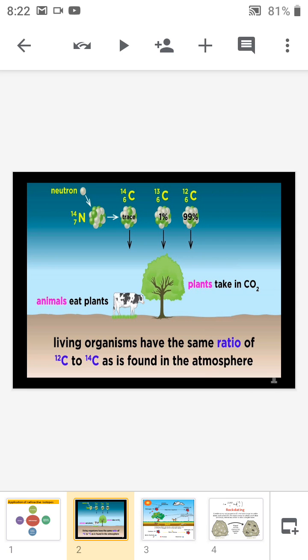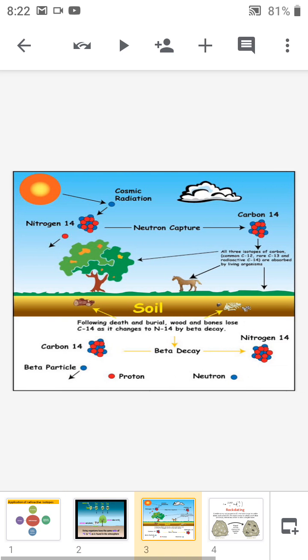So they exist in an equilibrium, but when the animal dies, this equilibrium breaks, and the C14 present in the body of the animal undergoes radioactive decay.